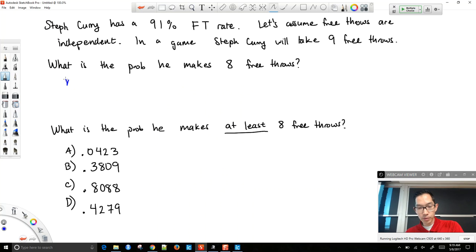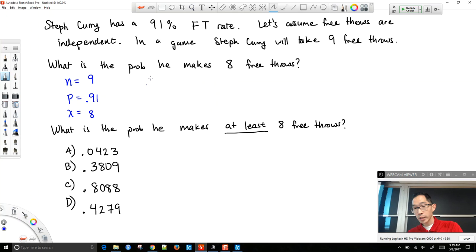Whenever you have a binomial problem, you've got to figure out your n, your p, and your x. In this case, he's going to attempt 9 free throws. His probability is 0.91 of making a free throw, and the x that we are interested in is 8.